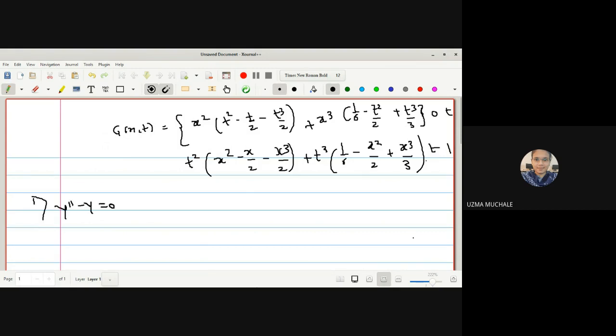And the boundary conditions given to us are y of 0 is equal to y dash of 0, and the next boundary condition is a combination, that is y of L plus lambda y dash of L is equal to 0.